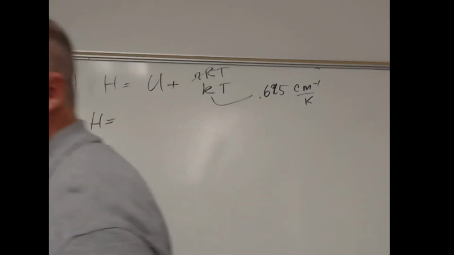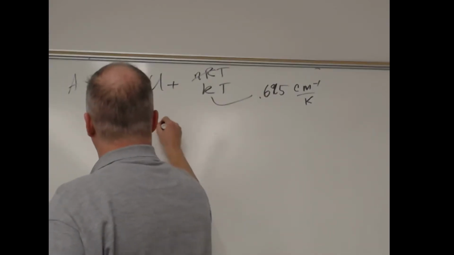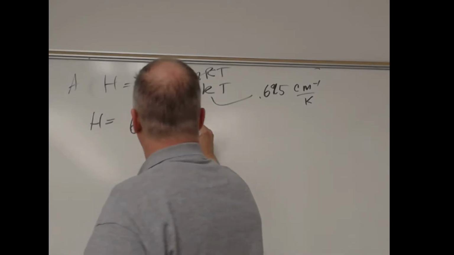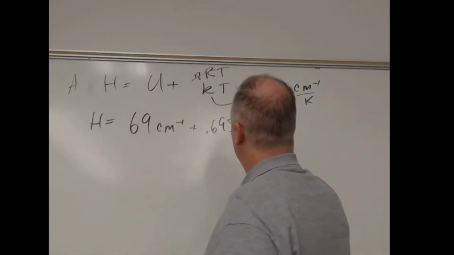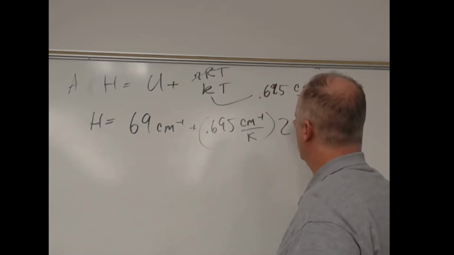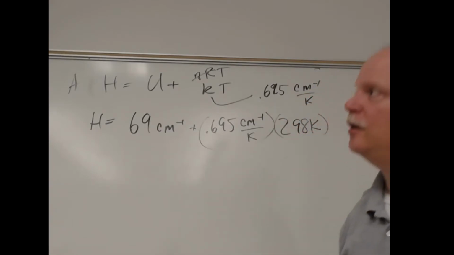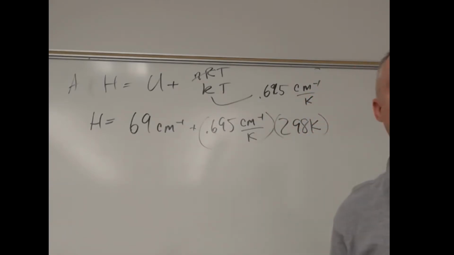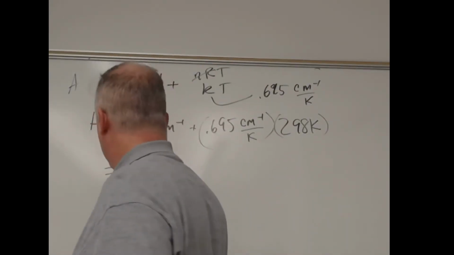H is equal to 69 wave numbers plus 0.695 wave numbers per Kelvin times 298. Let me emphasize yet again, you always use absolute temperature in all your thermodynamic calculations. So, what did we get? 276.11.